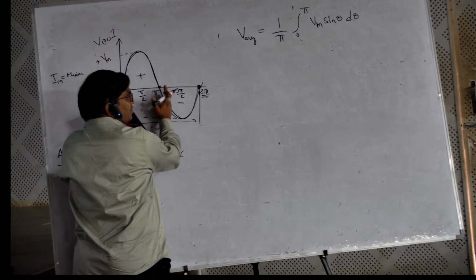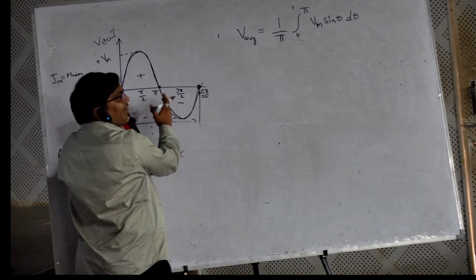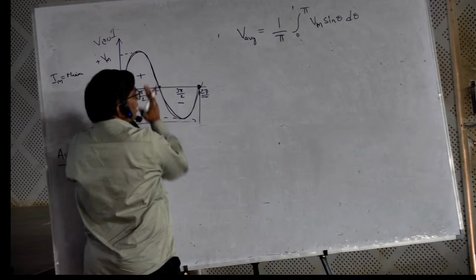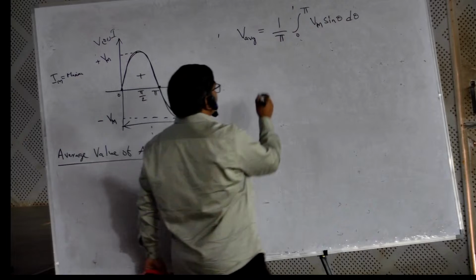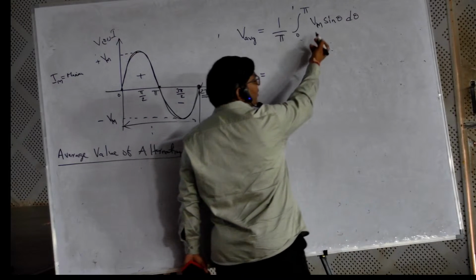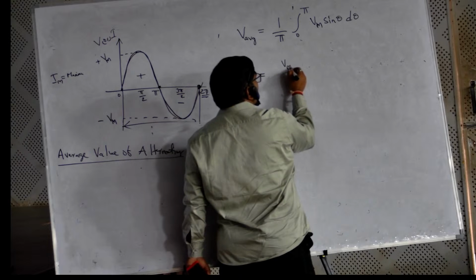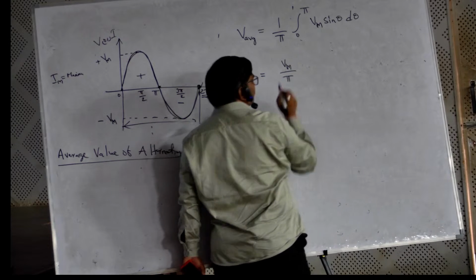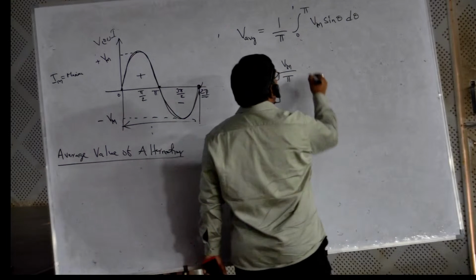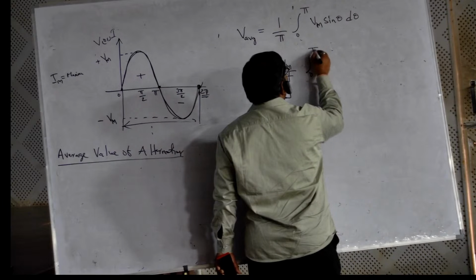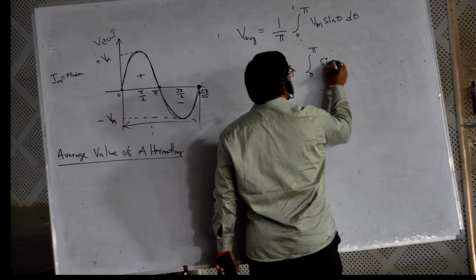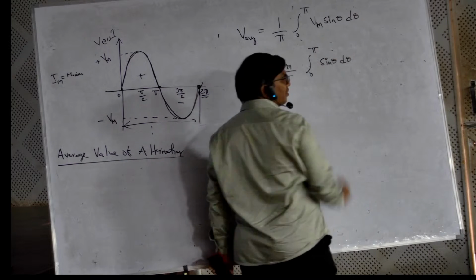For the average value you take a half cycle. We are finding the average value now. Here Vm is a constant, so I am bringing it outside the integration. So Vm by pi, integral 0 to pi sin theta d theta.